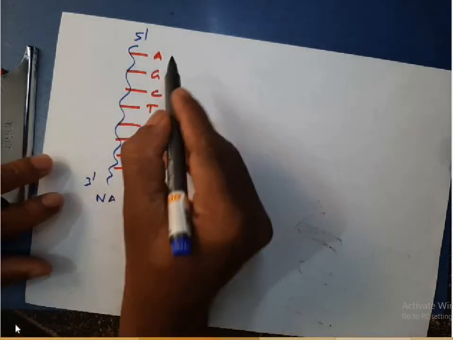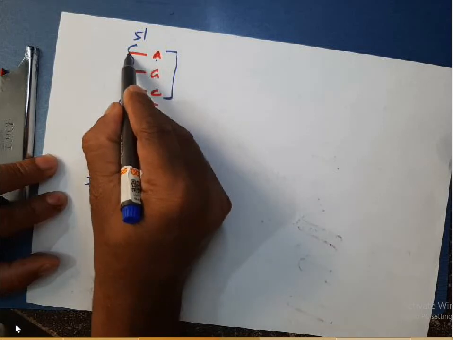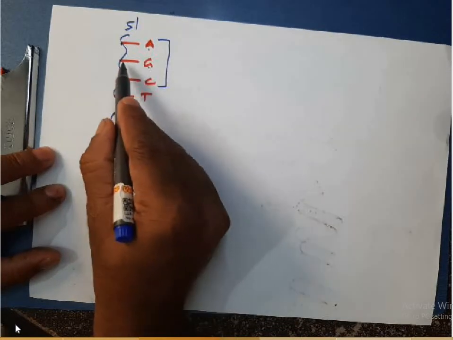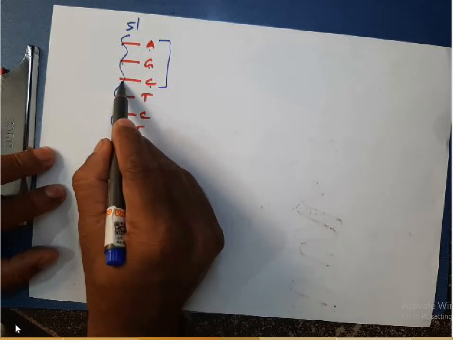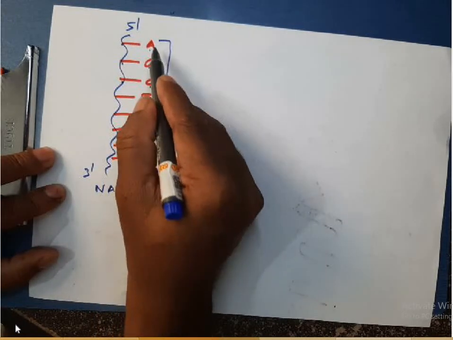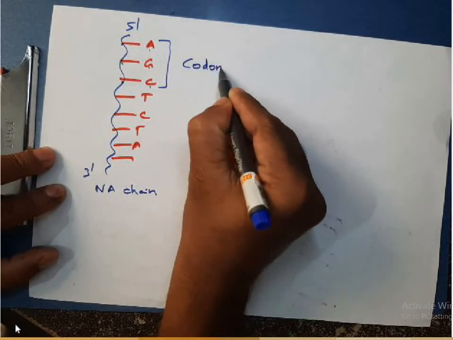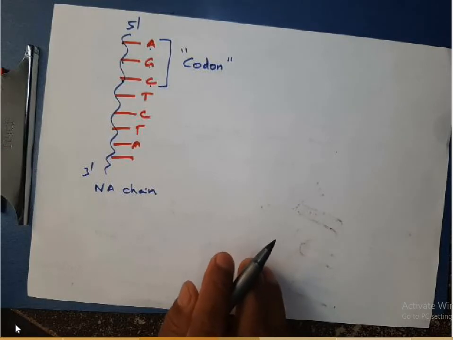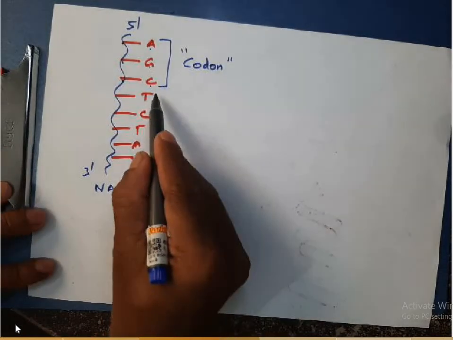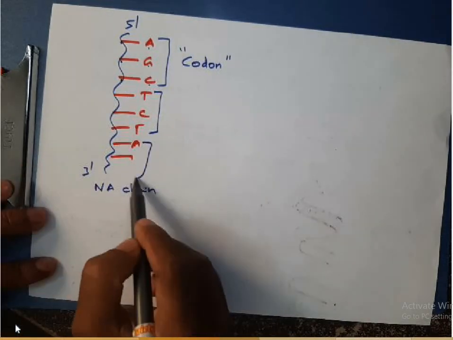Take the first three bases. Adenine is present in one nucleotide, guanine in the next nucleotide, cytosine in the next nucleotide. Three adjacent nucleotides form what is called a codon. And the next three form another codon.